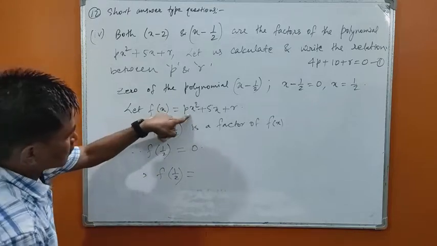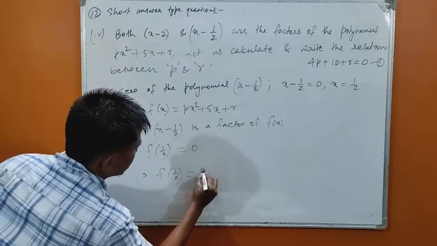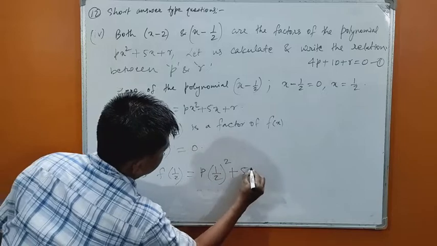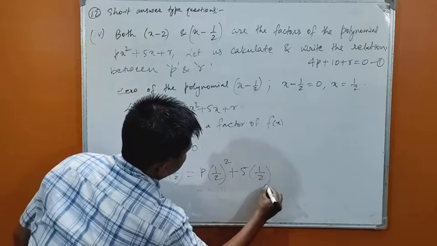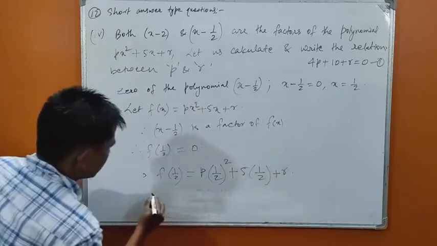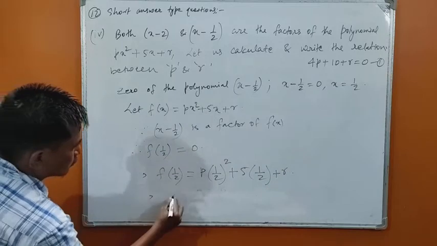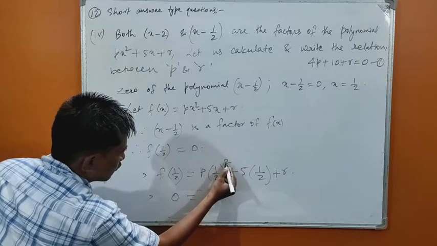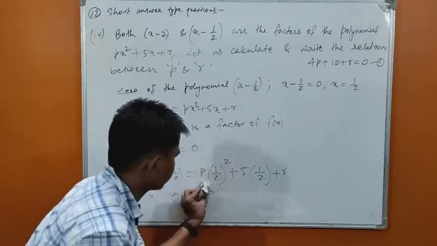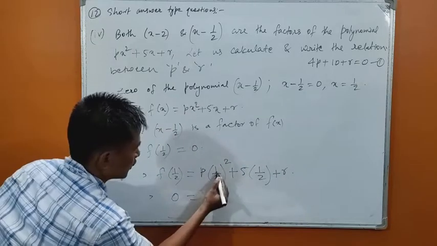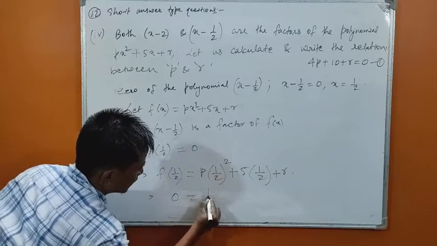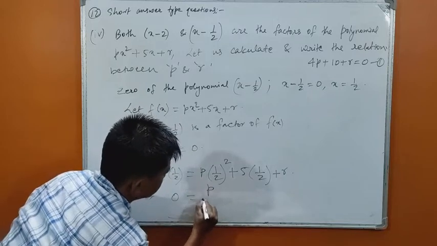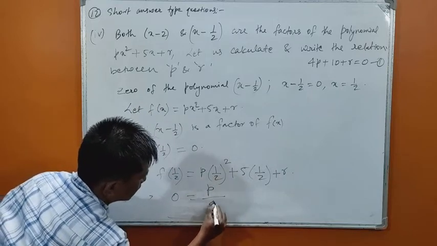Okay, f(x) is this, so f(1/2) equals p into (1/2) squared plus 5 into 1/2 plus r. And f(1/2) is 0, so we write 0 here, equals p times 1 squared is 1, 1 into p is p, divided by 2 squared is 4, isn't it?